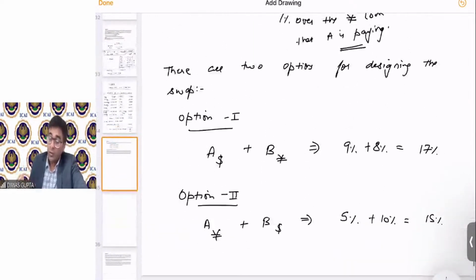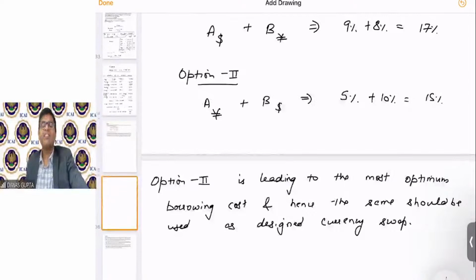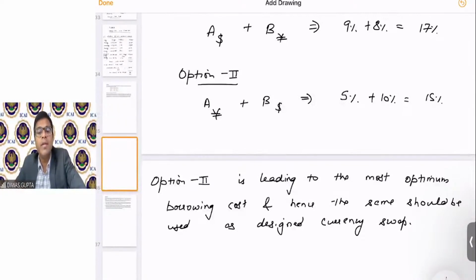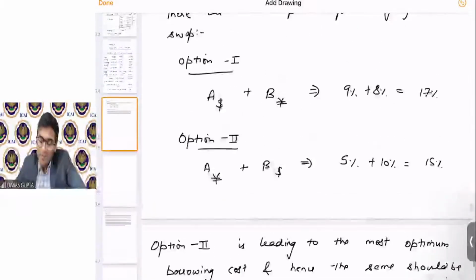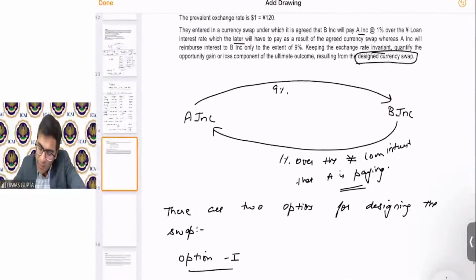Okay, before we go there, so students, even this swap, the option that we have picked, that A should borrow in yen and B should borrow in dollars. First of all, is it a preferred mode of borrowing for A and B? No, because A's preference is to borrow in dollars and B's preference is to borrow in yen.